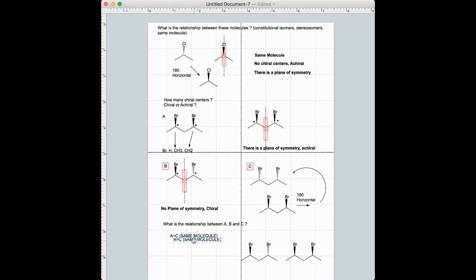So you can say now that A and C and B, because they have the same molecular formula, they have the same connection in between the atoms, and they have different 3D structure, you can classify them as stereoisomers.